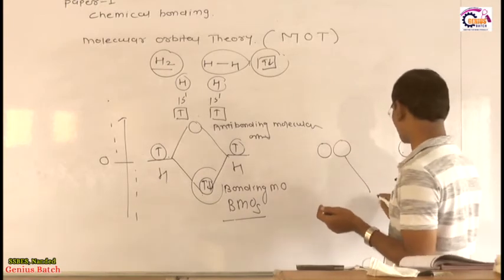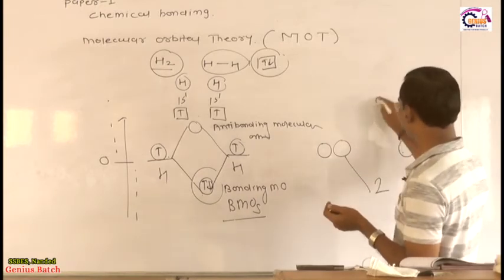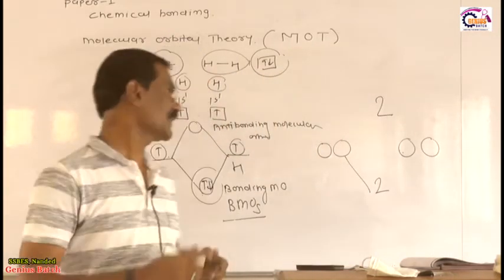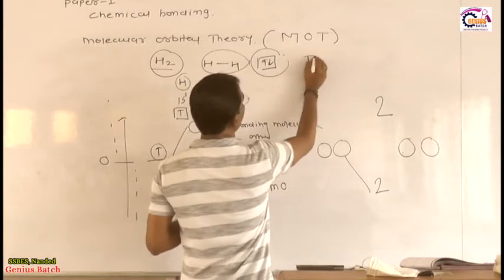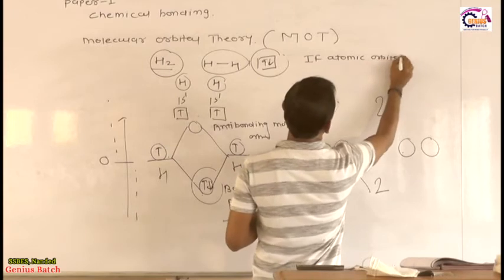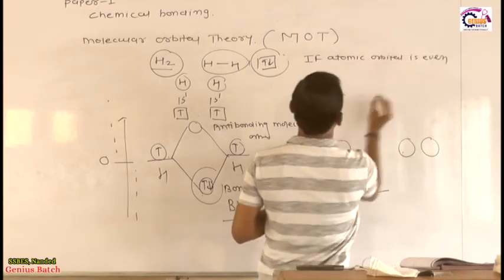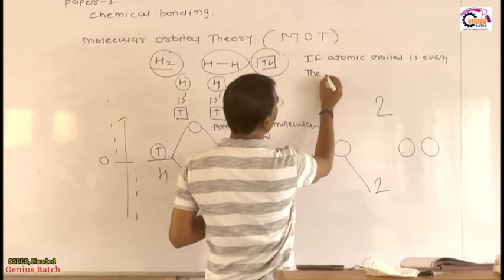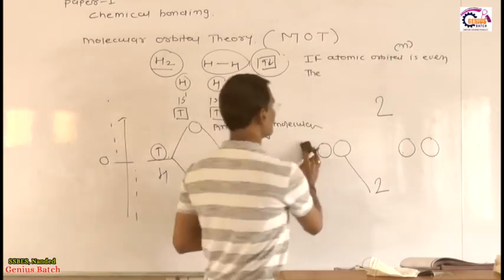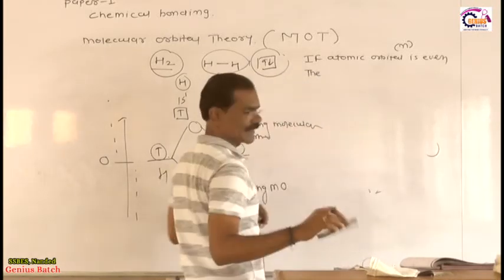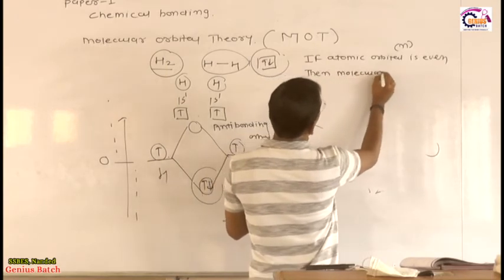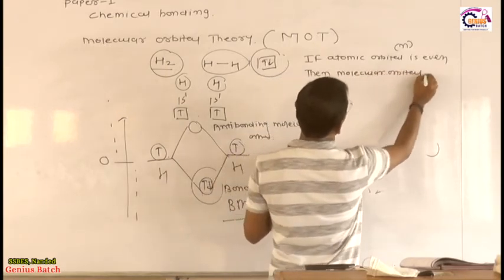Out of 2 molecular orbitals, 1 is bonding and the remaining 1 is anti-bonding. If you listen very carefully, suppose we represent the number of atomic orbitals by n, and if n is even, then how do we calculate the molecular orbitals?